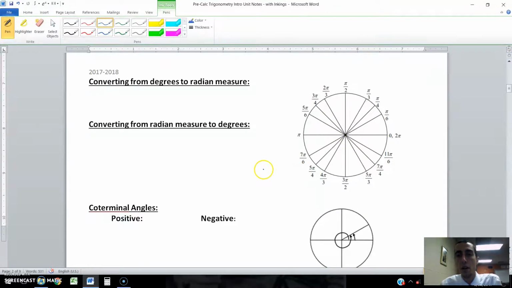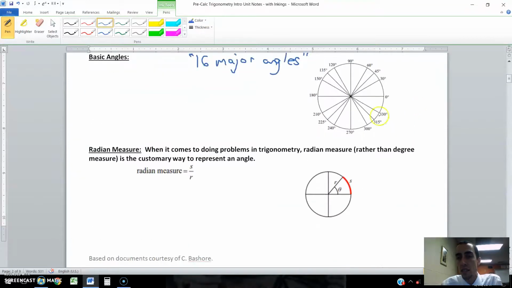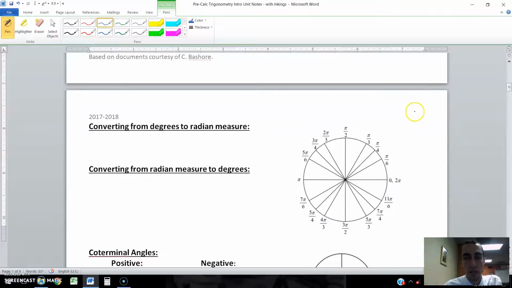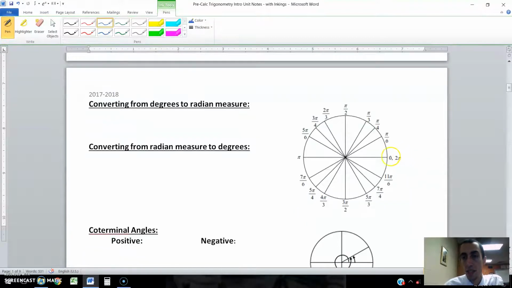This diagram here is basically the same thing as this diagram here, but instead of having our angle measurements in degrees, we have them in radians. One of the ways we can think about radian measurements is this way.